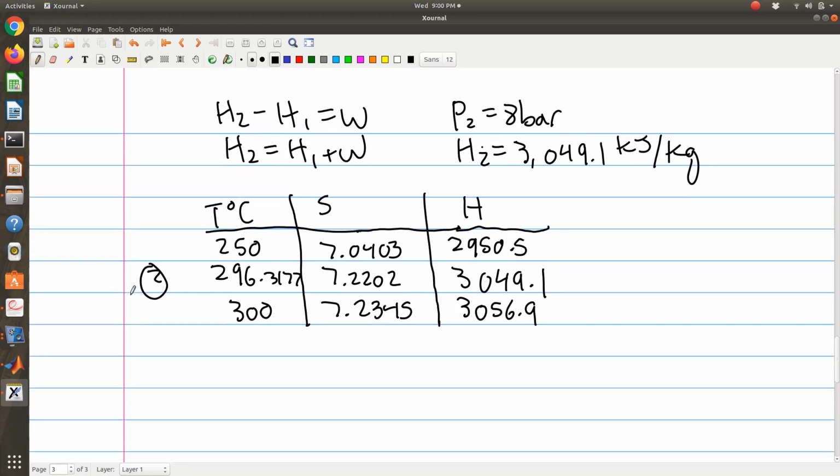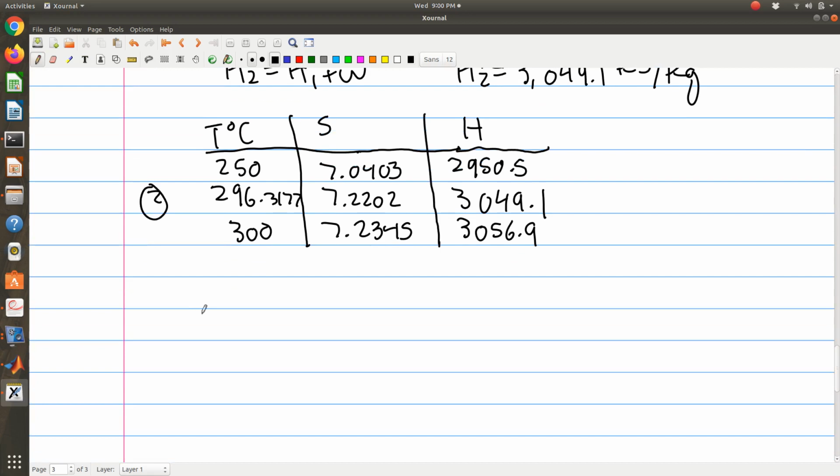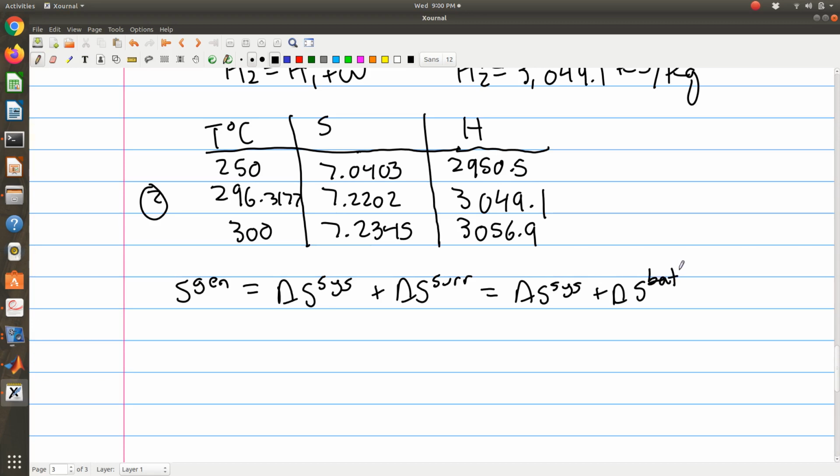All right, so let's calculate our entropy generation. Thinking back to chapter 4, Sgen is going to be delta S of my system plus delta S of my surroundings. If I take my surroundings to be a bath, this is delta S of my system plus delta S of my bath, where delta S of my bath is equal to Q bath over T bath, which would be negative Q over T bath.